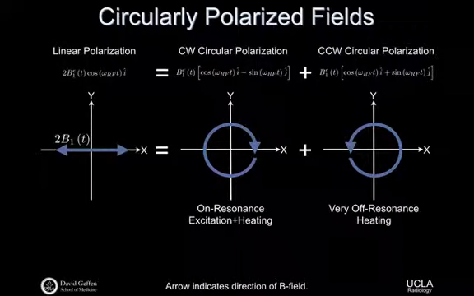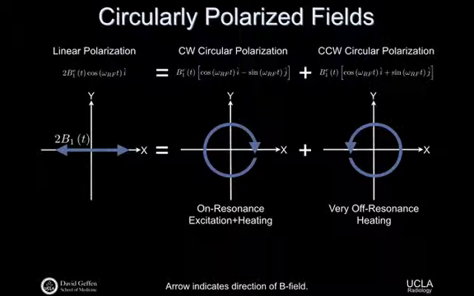What this ultimately does is create a counterclockwise circular polarization. That means it's very off resonance. My spins are going at 64 megahertz clockwise, and now I've generated a counterclockwise field that's at 64 megahertz. So they're 128 megahertz different in frequency, if you will. So it's very off resonant, and the only thing it does is contribute heating, okay?